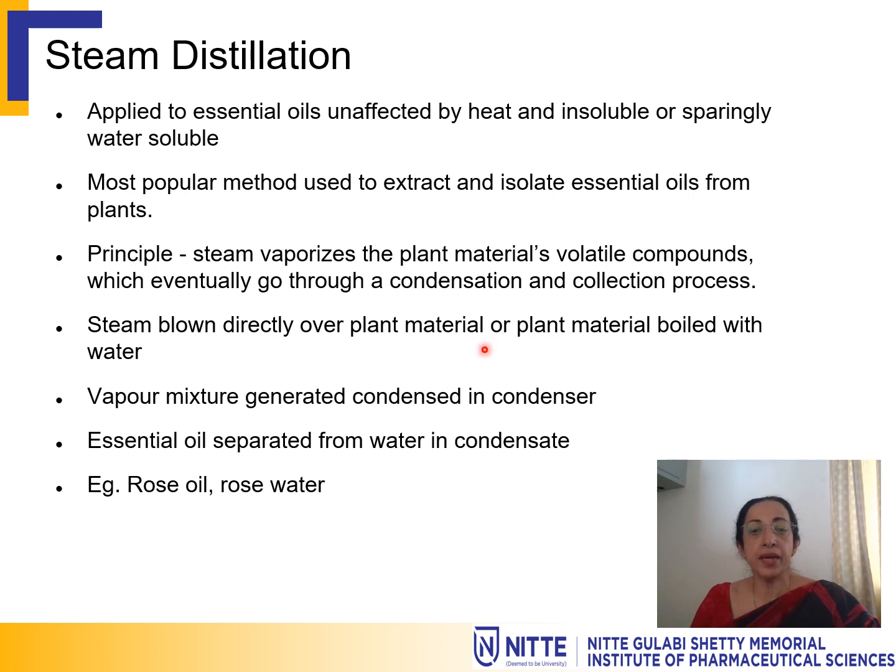The steam is blown directly through the plant material, or the plant material is boiled with the water. The vapor mixture that is generated is then condensed in a condenser, and finally the essential oil, being insoluble, may be separated from the water. Typically, rose oil is produced by this method, and the water in which the rose oil is saturated is used as rose water.